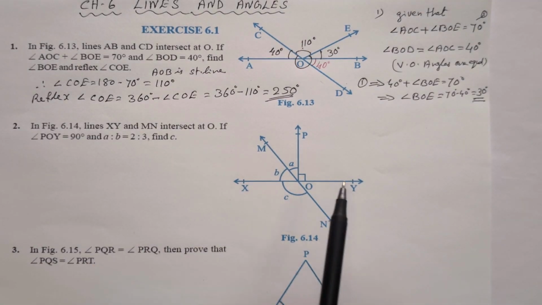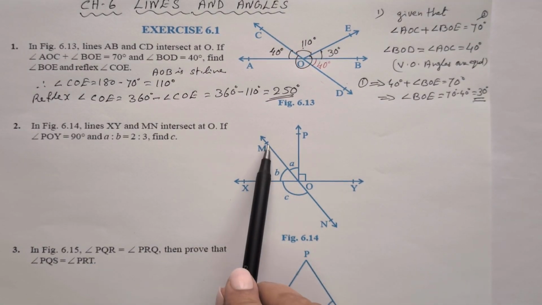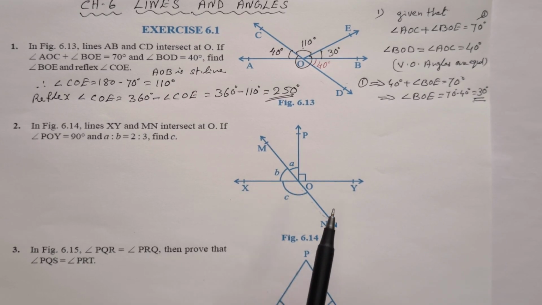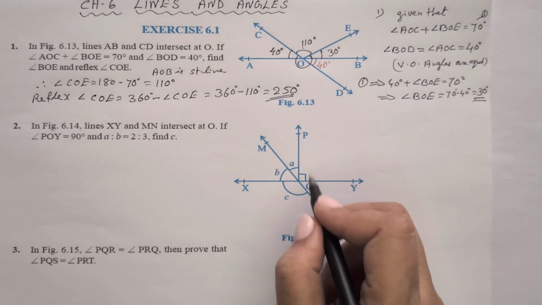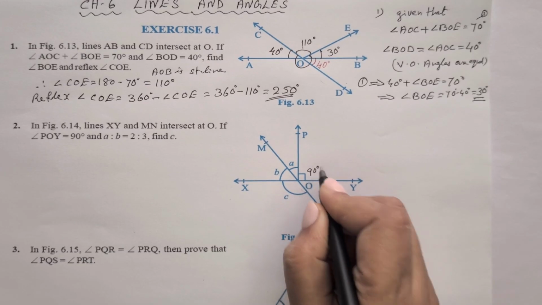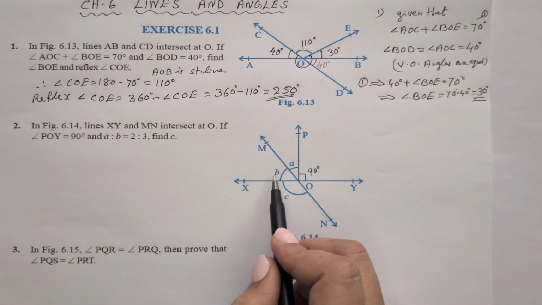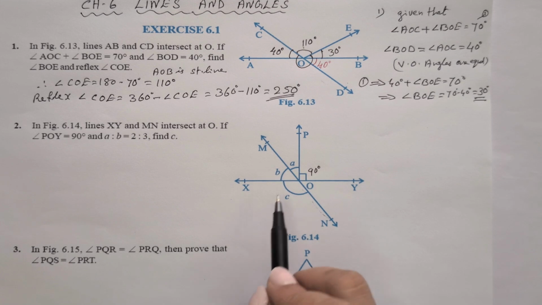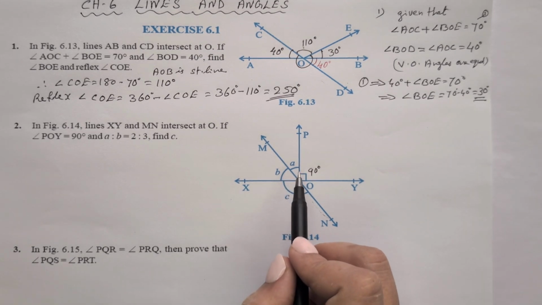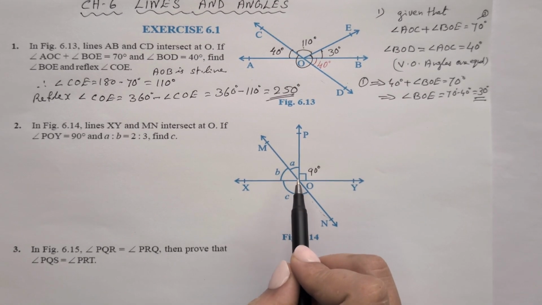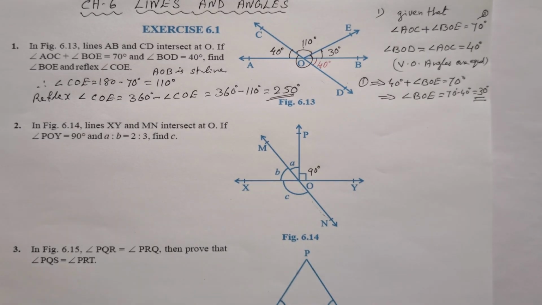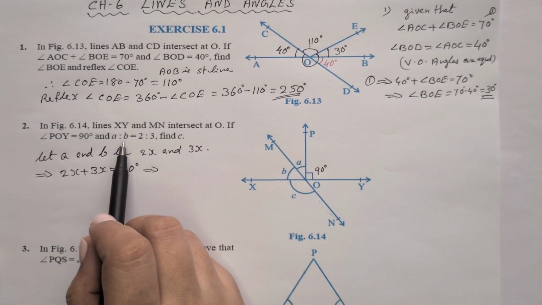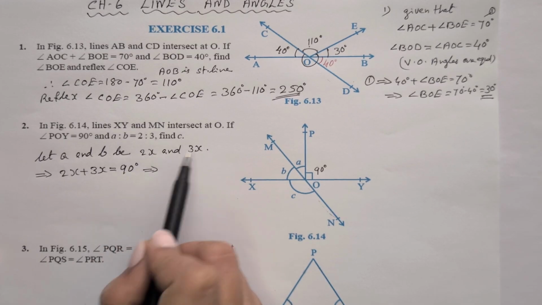Second question, lines XY and MN are intersecting at the point O. If angle POY is 90 degrees, POY means this is 90 degrees, and a is to b is given as 2 is to 3. So first we can take a is to b, that is these angles, as 2x and 3x. Let a and b be the angles 2x and 3x.